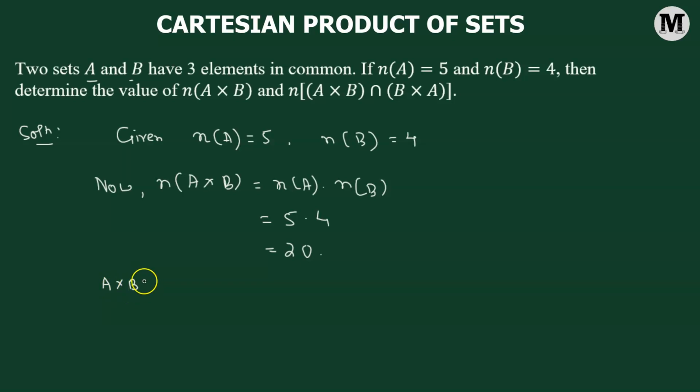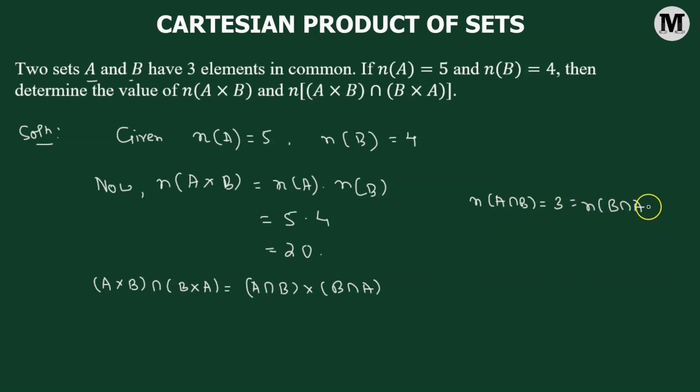Using the properties of sets, we can show that this is equivalent to the Cartesian product of A intersection B with B intersection A. Since it is given that A and B have 3 elements in common, the number of elements in A intersection B is equal to 3, and this is also equal to the number of elements in B intersection A.